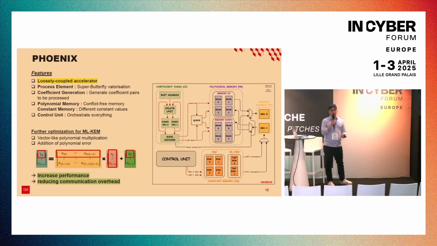Furthermore, we introduce an optimization for ML-KEM, because in this algorithm the operations to be performed are not just one single polynomial multiplication, but multiplications represented as vectors of polynomials. And so we also succeeded in implementing this operation fully in hardware.